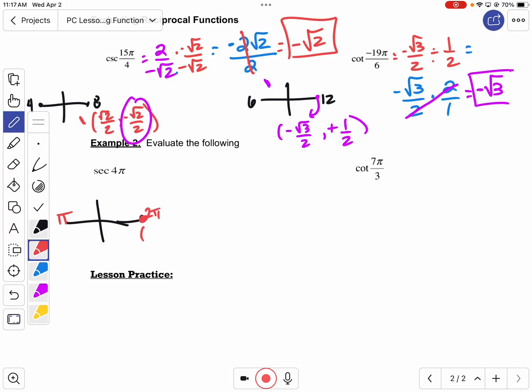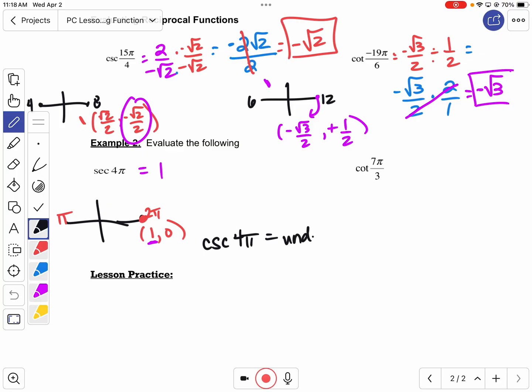What's my ordered pair right there? 1, 0, okay? Secant is the reciprocal of who? Cosine. What's the reciprocal of 1? 1, okay?